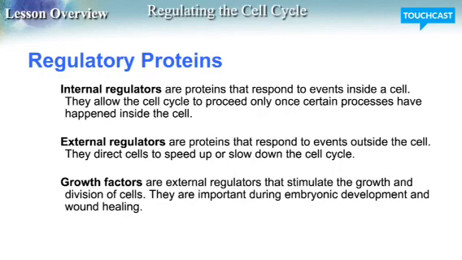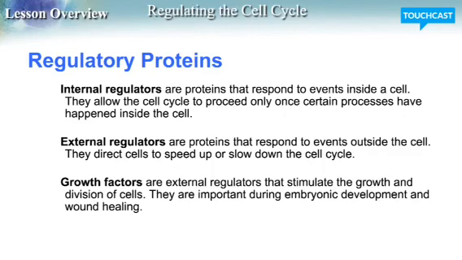These external proteins will instruct the cells and they start to divide either by making the cell division process faster than usual to repair the tissue or to slow down the cell cycle once we have enough cells in the body. Does that make sense?